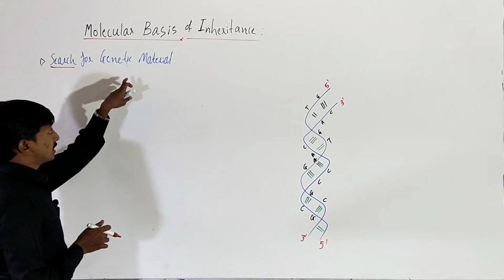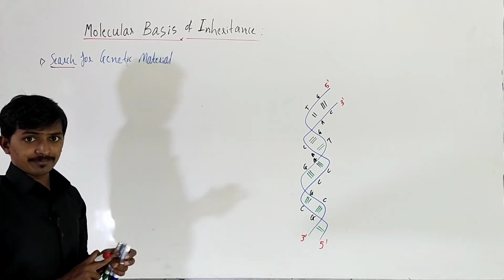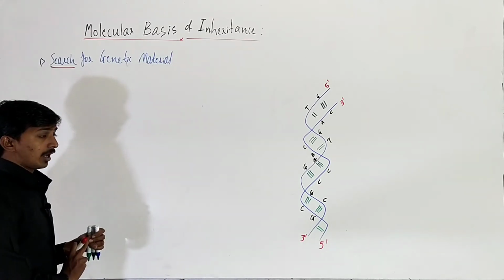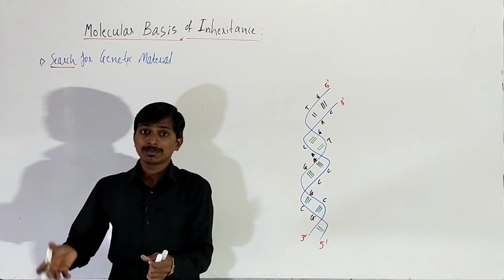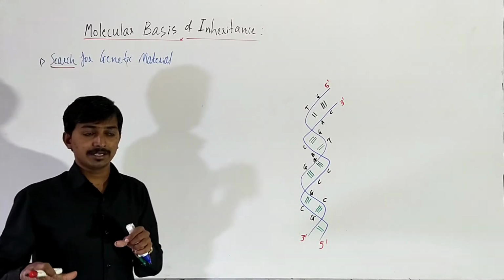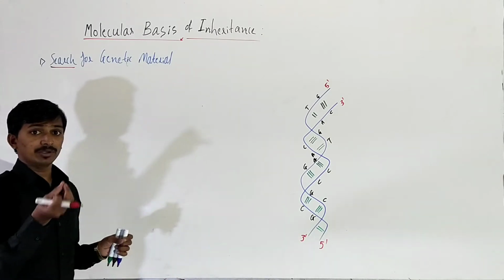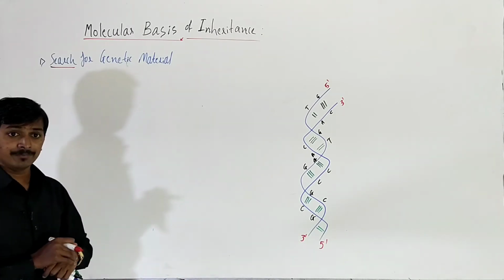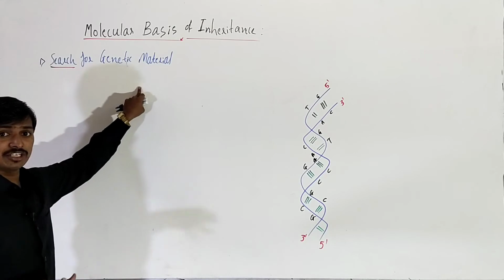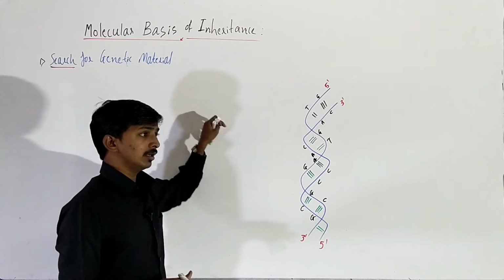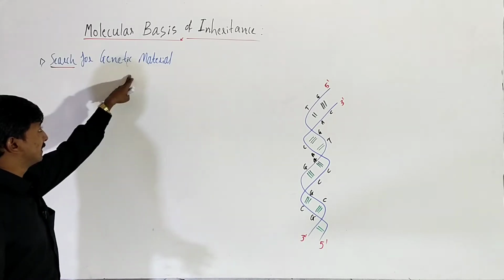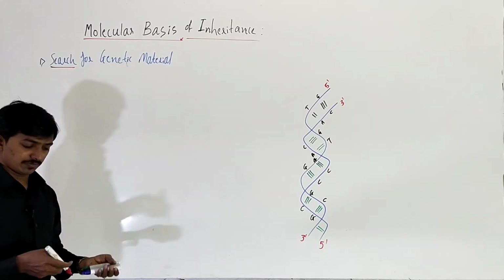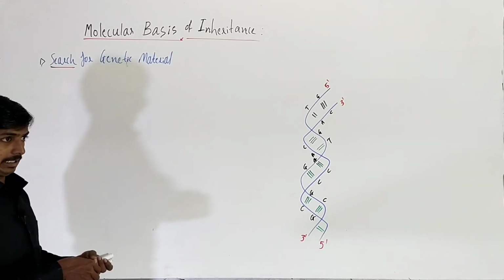Here we will study the Griffith experiment, that is transformation, the Avery, MacLeod and McCarty experiment on the biochemicals of plant and animal cells to find out DNA as genetic material, and the Hershey and Chase experiment using bacteriophages. All 3 experiments we will study under this concept, the search for genetic material.